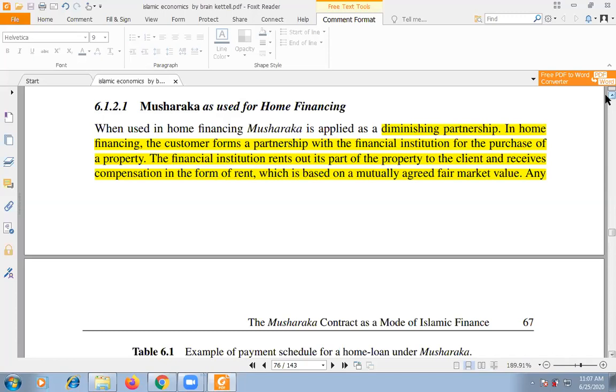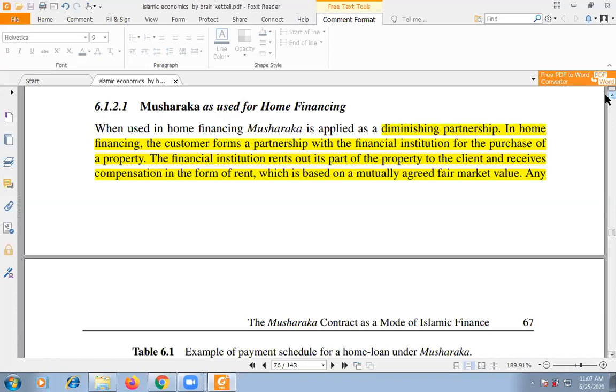But we say that this is able to be implemented in the current scenario in different forms. So many latest forms of Musharaka are here in the real world. One latest form is home financing Musharaka, that is called diminishing partnership. This is allowed in Islamic banking, in Islamic economics.